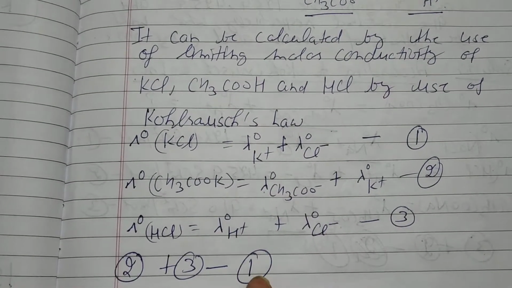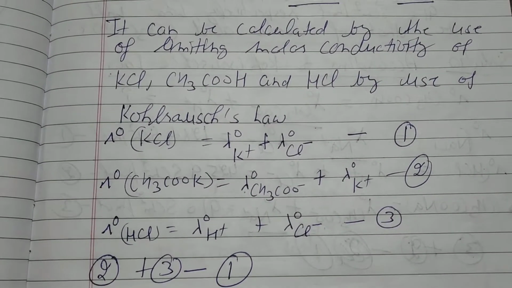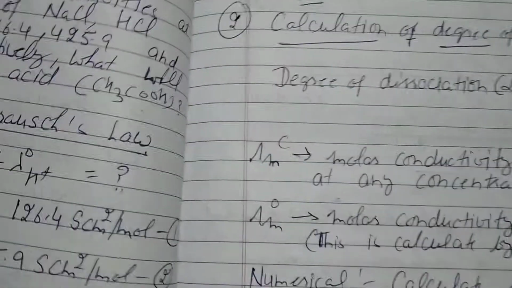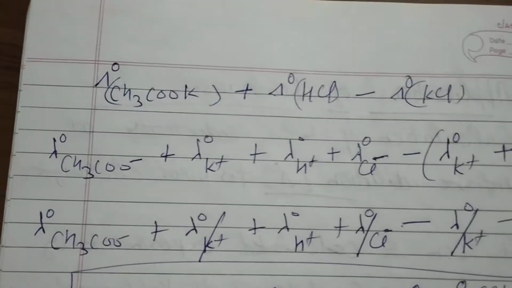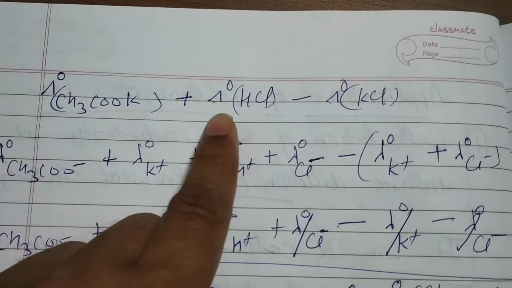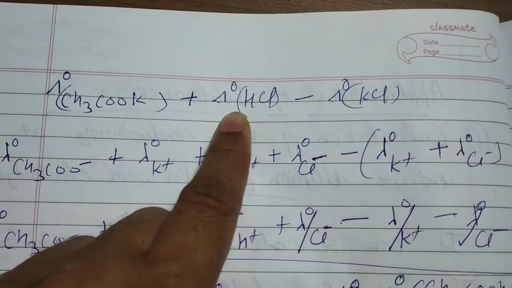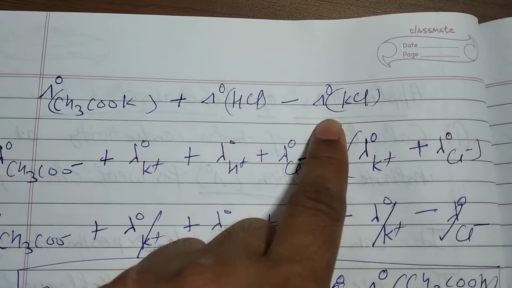So whatever we do not need, subtract it. So sum of equation 2 and 3 minus 1. So we will calculate the limiting molar conductivity of CH3COOK plus limiting molar conductivity of HCl minus limiting molar conductivity of KCl.